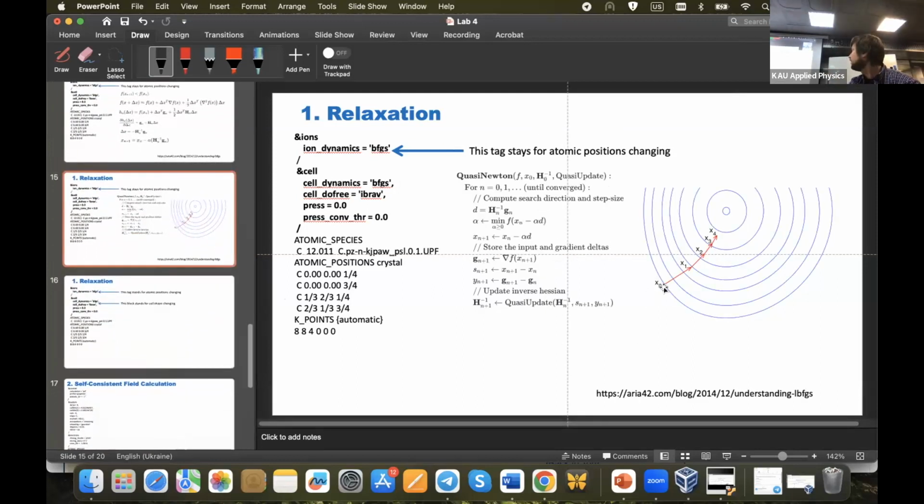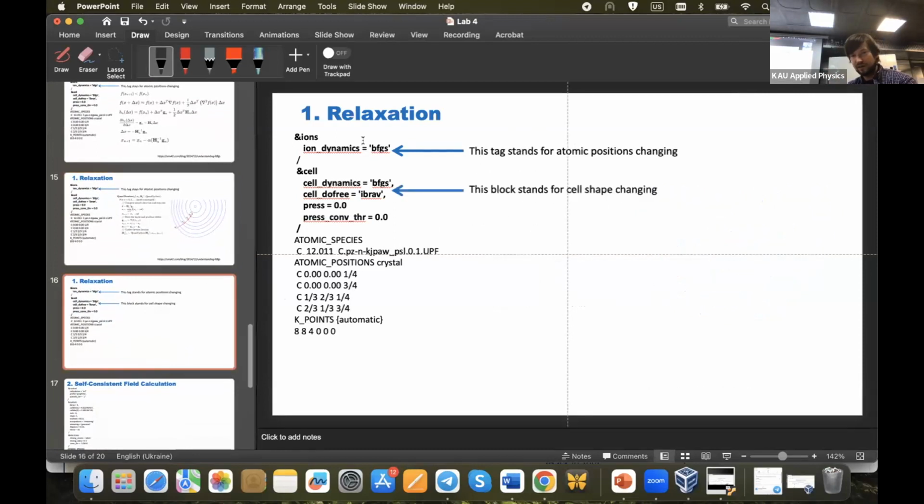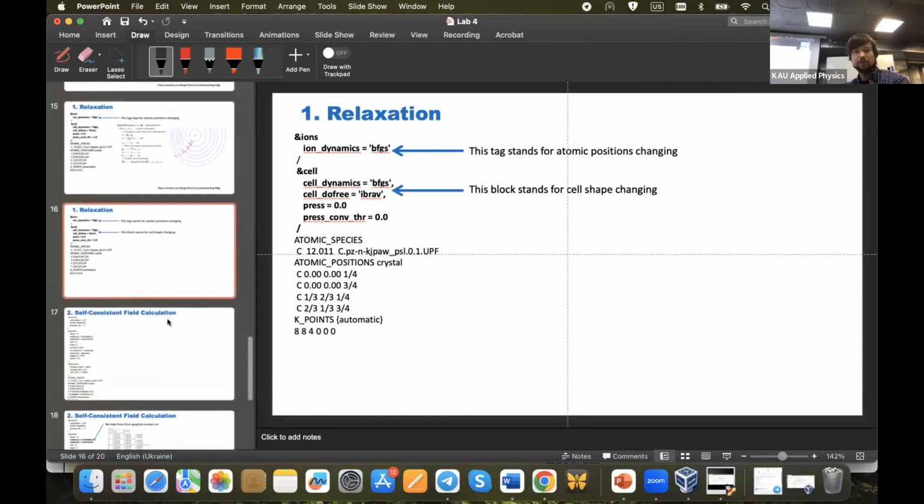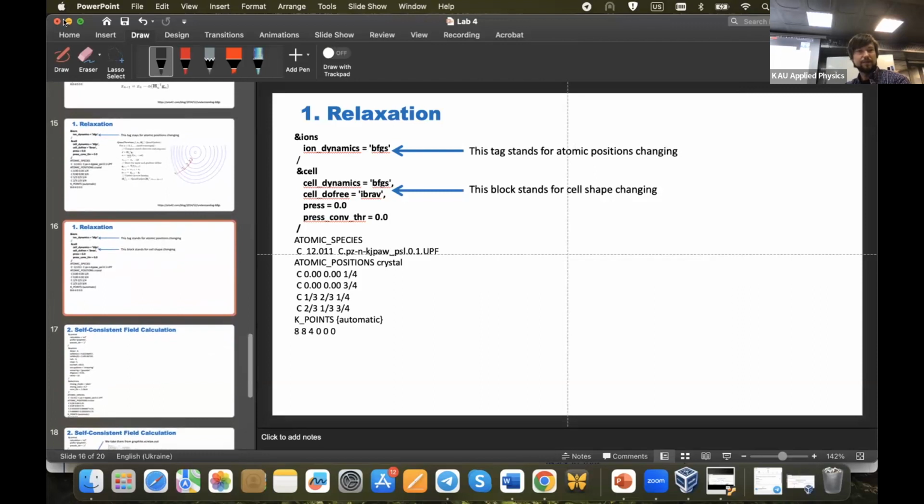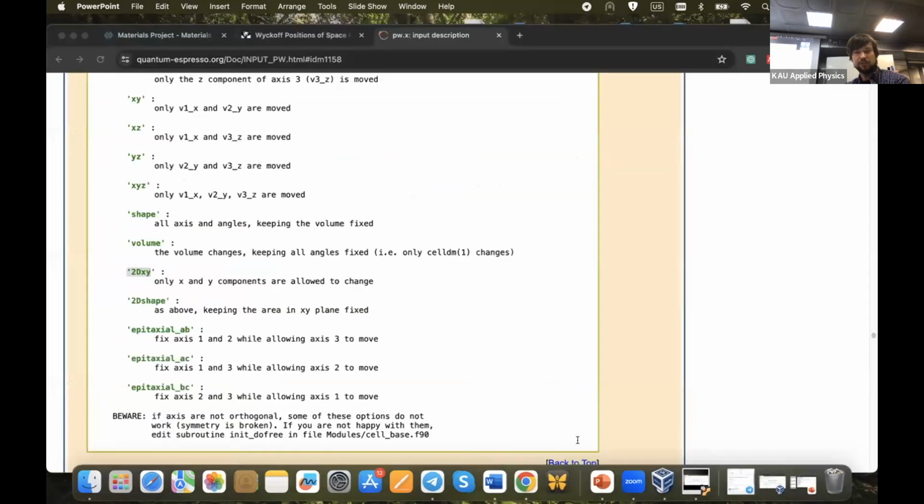We were here in x0, then we moved to x1, x2, x3, x4, and we got the lowest energy. Our atoms move according to this algorithm, and our cell also changes according to the algorithm. Rather a simple algorithm.